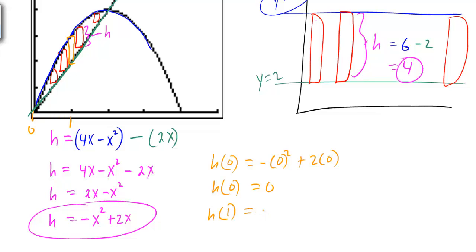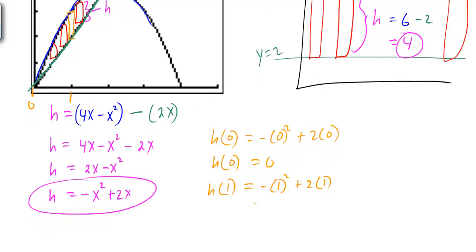Plug 1 in for x, we'd have minus 1 squared plus 2 times 1. 1 squared is 1, so we have minus 1 plus 2. So 2 plus a negative 1 is simply 1. So at x equals 1, the height of our rectangle is also 1.